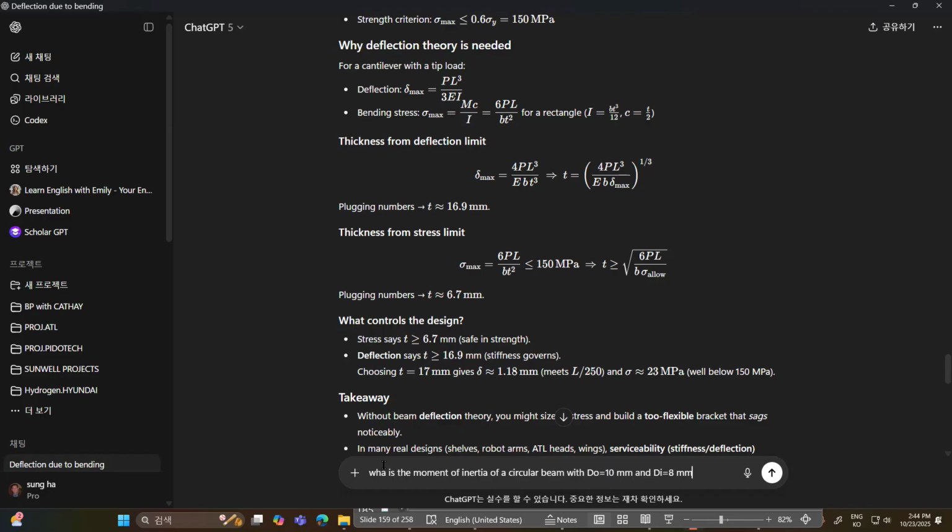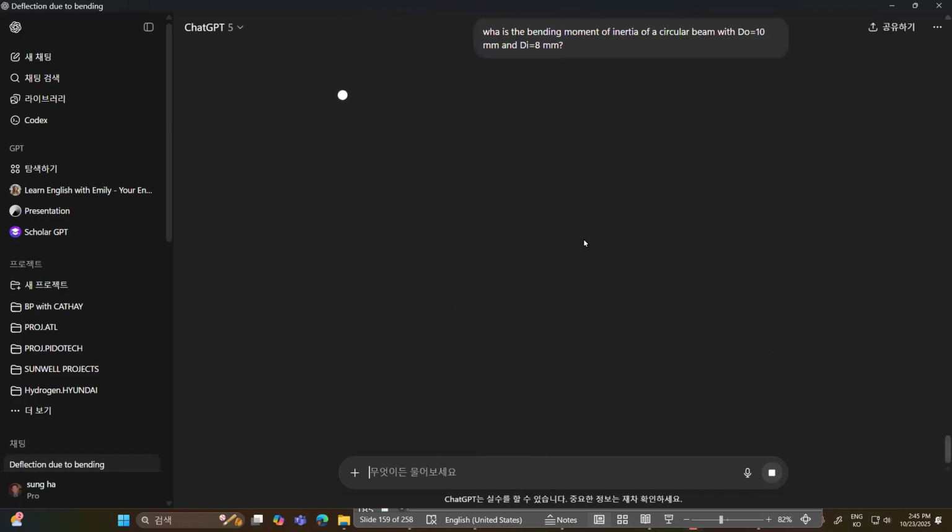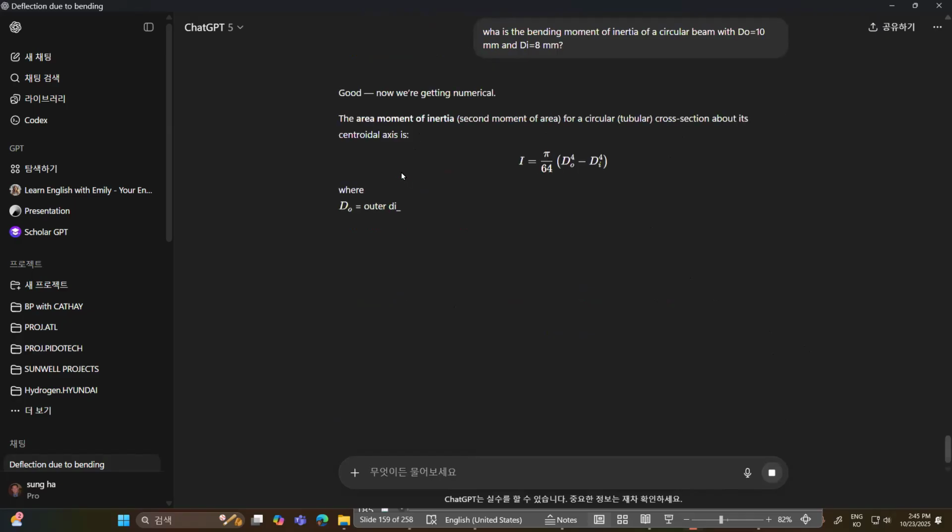Let's call it more clearly, bending moment of inertia.